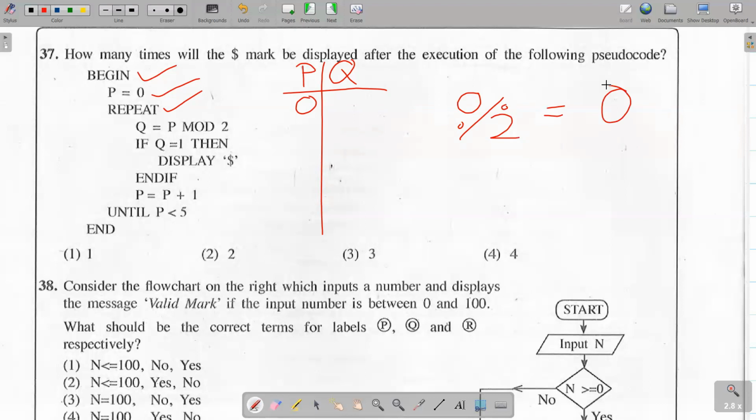Right? If q equals 1, then it displays dollar. So the q is not 1 over here, people. Q is 0.